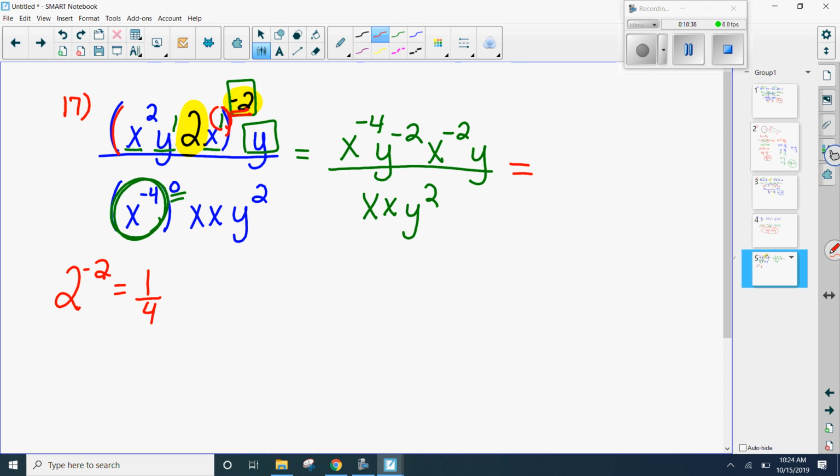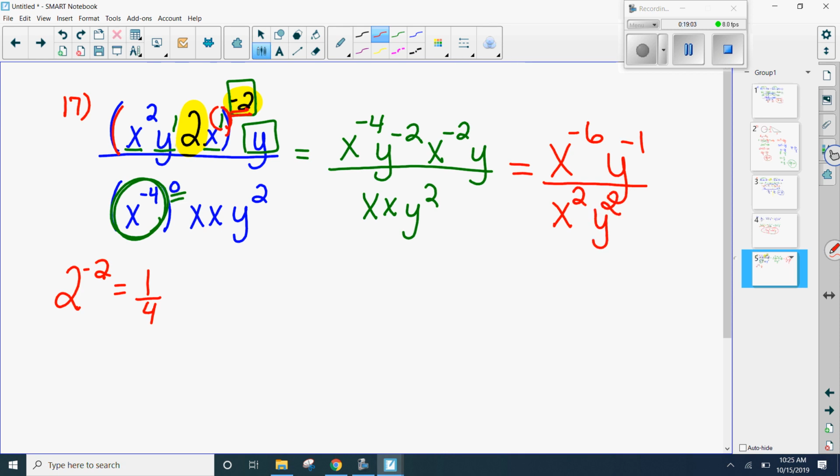So what do you do to the exponents? Add them together. So if I add the x exponents, you get x to the -6, y to what power? -1. In the denominator, you get x squared and y squared.